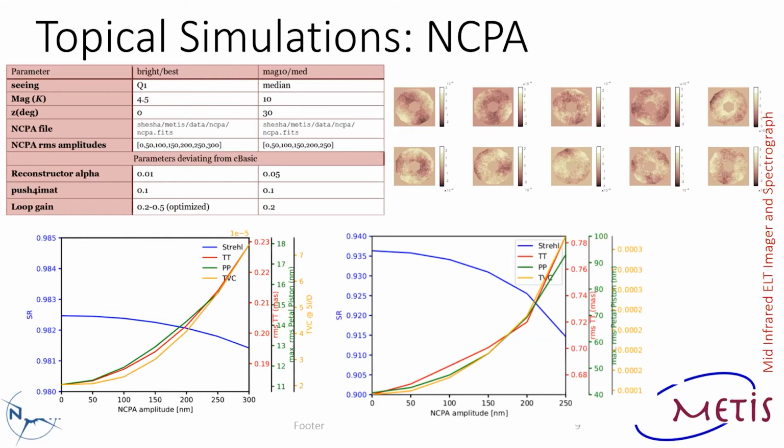We have a variable parameter on the x-axis, in this case NCPA amplitude, and on the y-axis different parameters like Strehl. The pedal piston is the green curve, that's RMS pedal piston, RMS tip tilt in red, and the so-called temporal variance contrast, which is a relative contrast measurement that we use to evaluate the impact on high contrast performance.